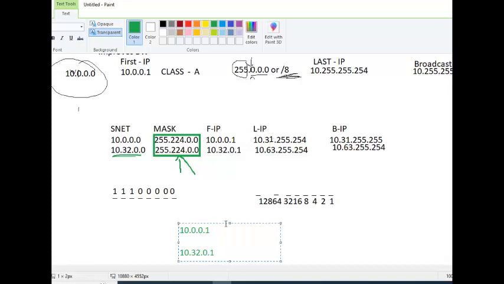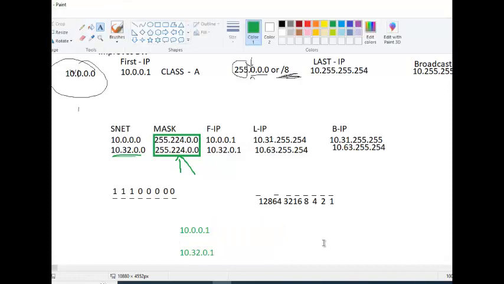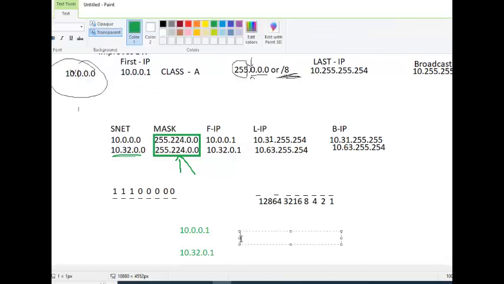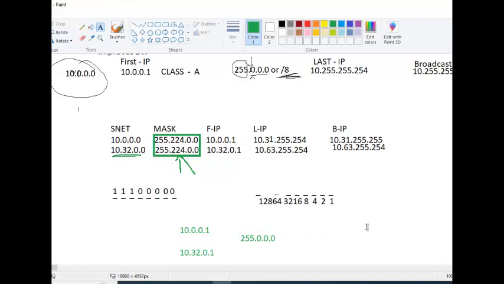If I don't put a subnet mask, what will everyone think? Everyone will think that these two are in the same subnet. Not only everyone, even the machines will think that these guys have got 255.0.0.0 as the mask. So even the devices will think that we are in the same subnet.